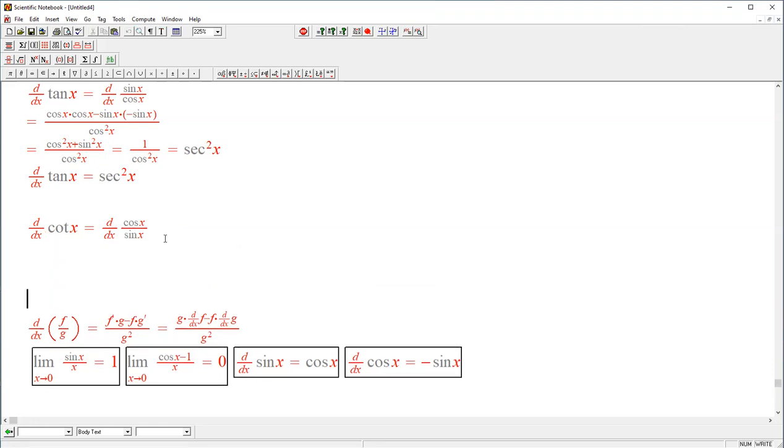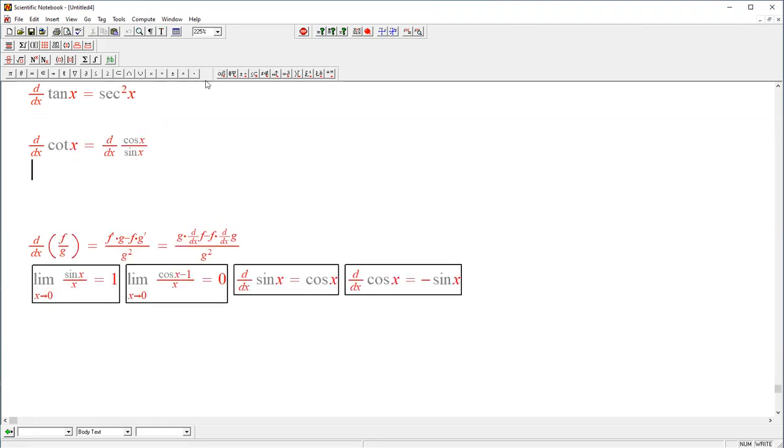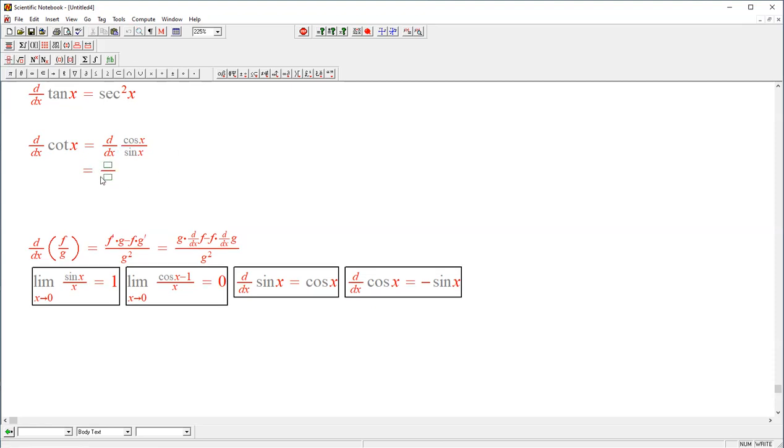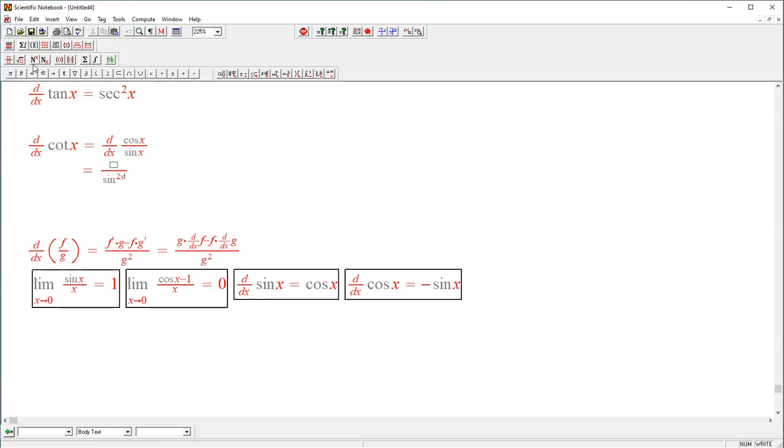And we apply the quotient rule. You can see you don't really have to memorize all these formulas. Once you let it go through your hands, then you can do it all by yourself, right? So use the quotient rule. So this is sine squared of x.